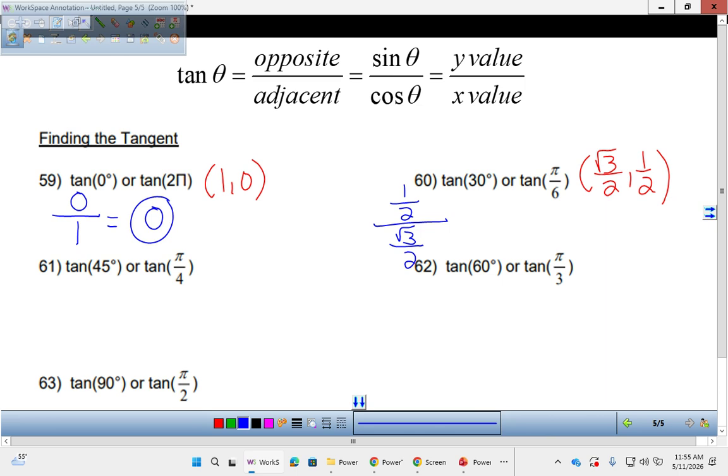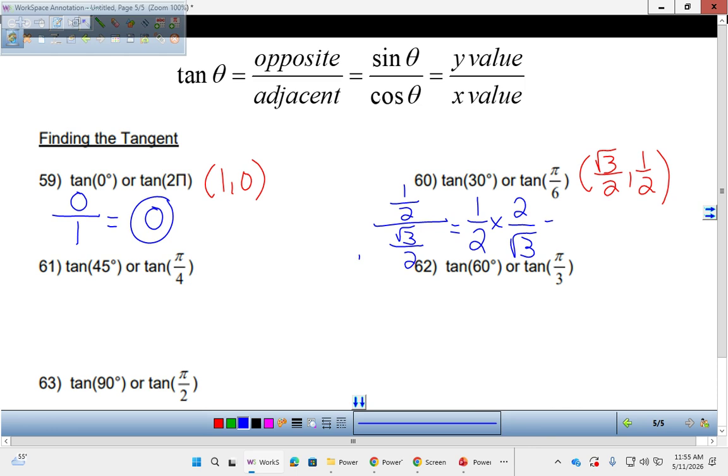When you're dividing fractions, you keep, change, flip. So I'm going to keep the top the same, change the division in the middle to a multiplication, and flip the bottom fraction. Dividing fractions is keep, change, flip. Keep the top, change division to multiplication, flip the bottom. Once you do that, you can multiply straight across.